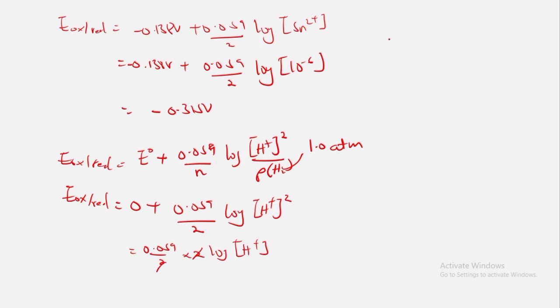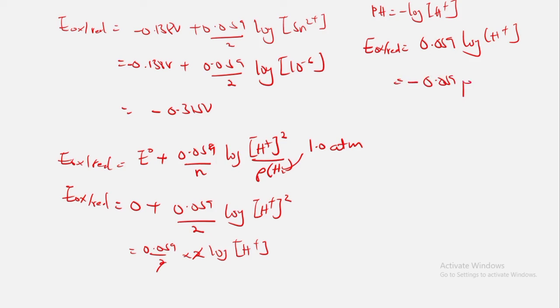So at the end, you're going to get our E ox over red equal to what? 0.059 log H plus. And you know the relationship between pH and log. pH is equal to what? Negative log of what? H plus, right? So when you do the substitution, that means that you're going to get negative 0.059 pH, because negative log of H plus is what? pH.